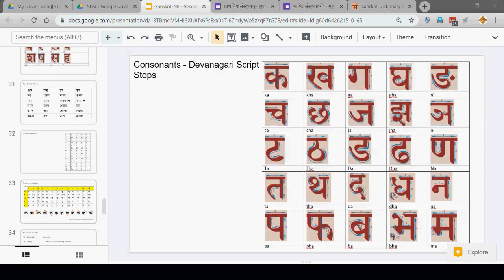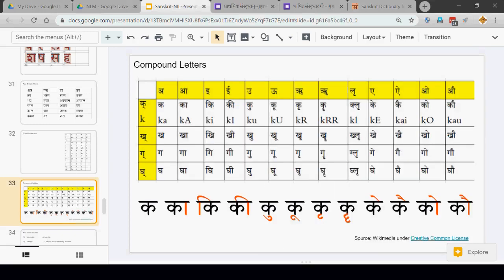But in Devanagari script, which we are studying, so the example I have shown here, when we add different vowels to a consonant, then Devanagari script is written like this, what is shown here on the screen.